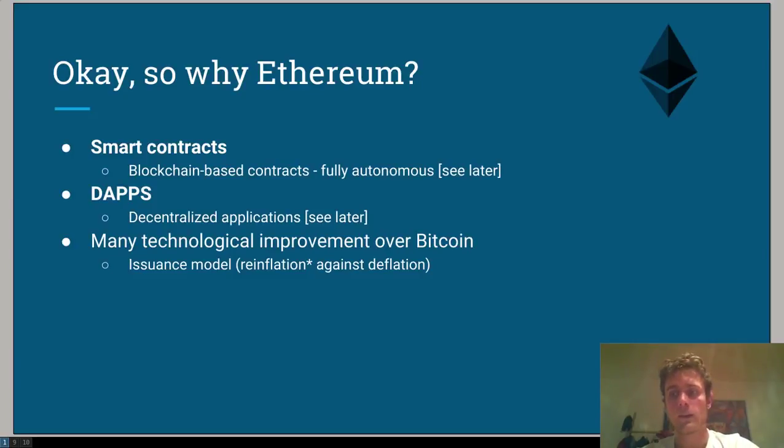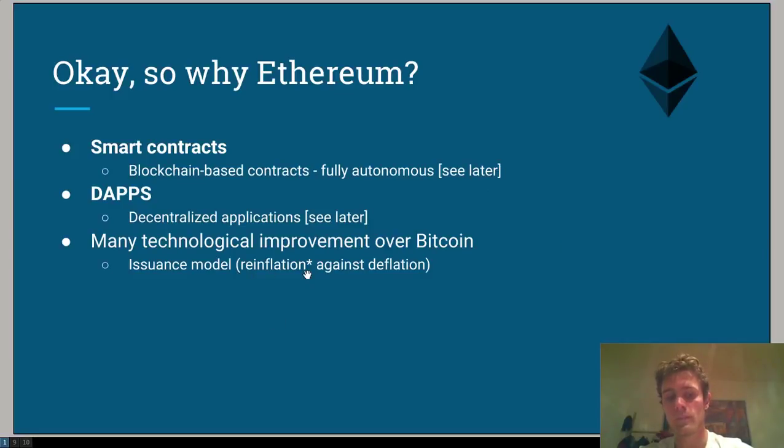And then the network will really rely on transaction fees, but that is a serious problem that is really addressed in Ethereum. Ethereum uses the same mechanism as of today as Bitcoin, but it's based on reinflation.